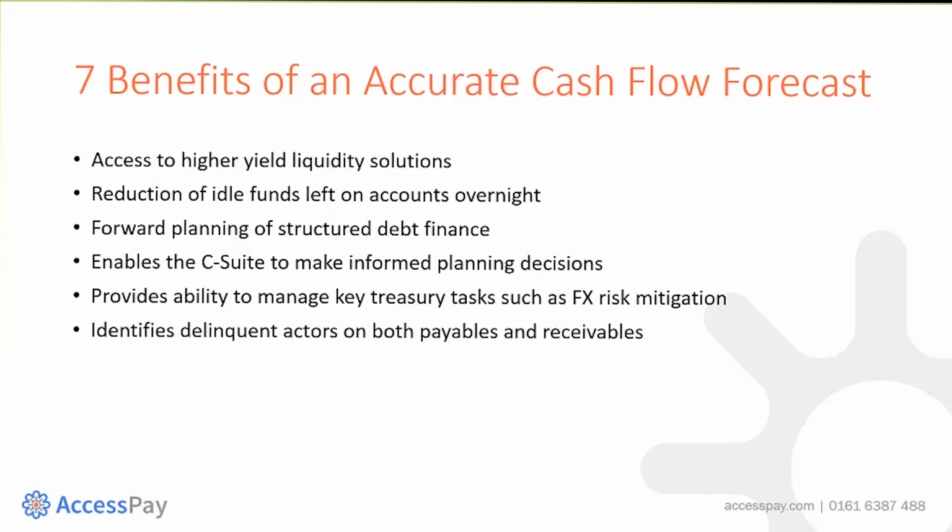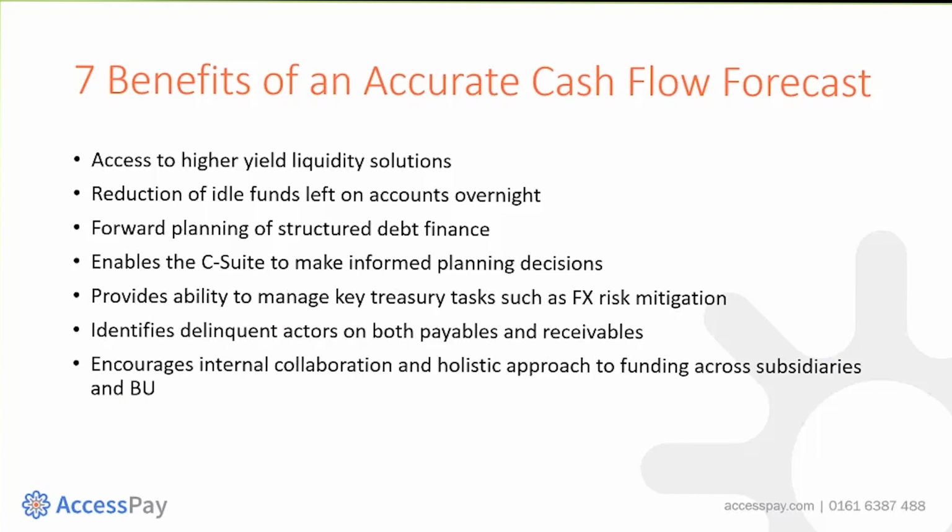We've covered this a little bit already, but identifying delinquent actors in both payables and receivables in the payment chain is absolutely critical because Treasury needs to be the guardian of that good quality data source and can only do that if people are operating within the defined parameters, providing good quality information and sticking to the processes and procedures that have been laid out. Finally, good cash flow forecasting encourages internal collaboration and a holistic approach to funding across subsidiaries and business units.